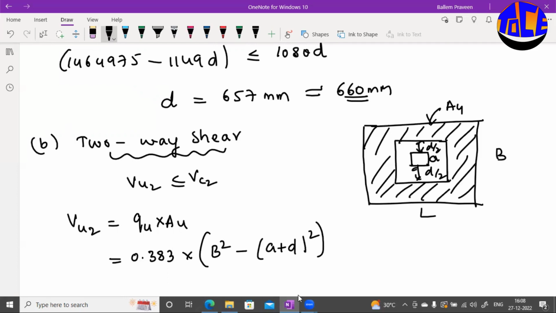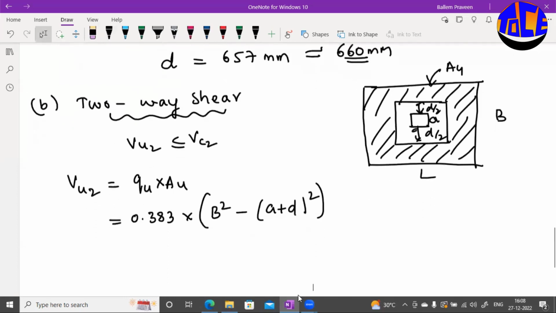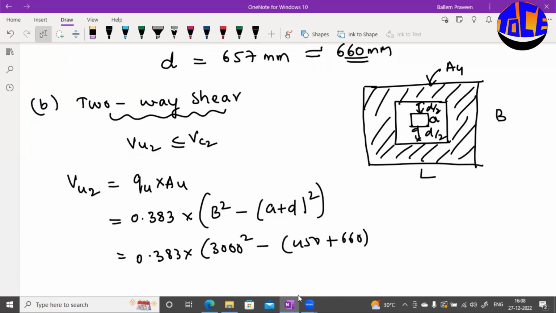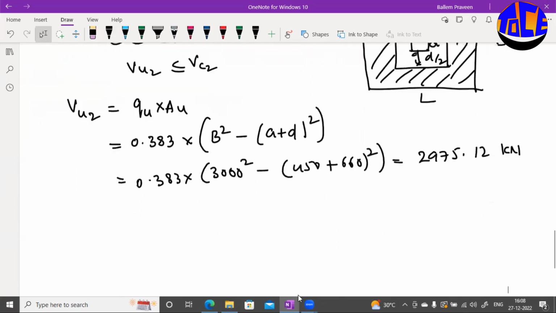This is the formula. Now let us substitute all the values here: 0.383 into 3000 square minus, A is 450 and D is 660 that we have calculated earlier. So this will come to around 2975.12 kilonewton. Okay, so we got VU2.